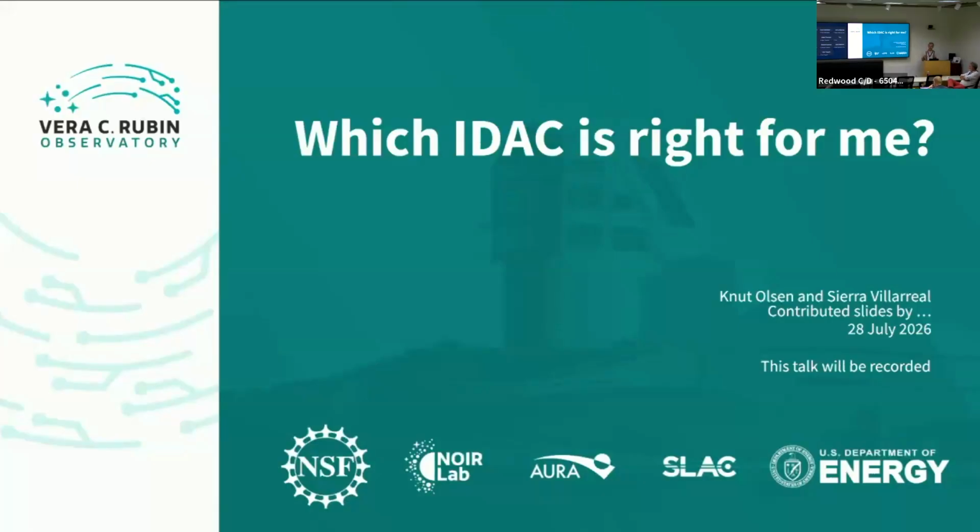You have to get data and subsets of the data to those places. And so this session is really about trying to pair up what the computing centers are providing with what the users need to do their Rubin studies.